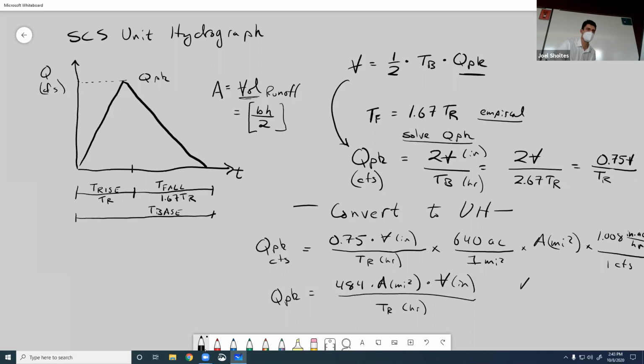So if we say that volume is equal to 1 inch, or our unit runoff is equal to 1 inch, then we can just scratch that off. And then we end up with this relatively simple equation, which is our peak discharge as a function of our drainage area and this time to rise. So all we did was say volume is equal to 1 inch. And so this is basically our Q peak, which is just CFS per inch.